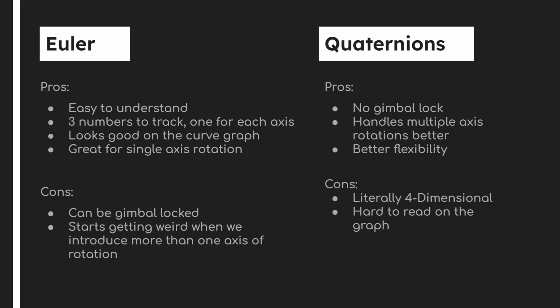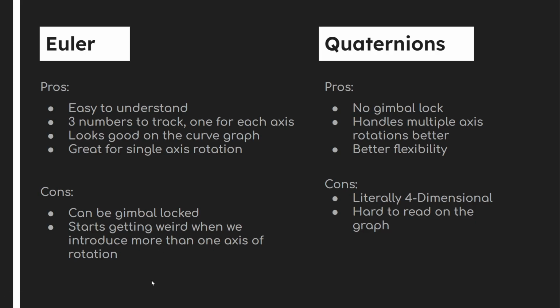It looks great on the curve graph as well, because there's only 3 axes, and it's great for single axis rotation, which I'll get into later what that is. The con is that it can be gimbal locked, which means when multiple, so I'll talk about that when I'm in Blender in a second.